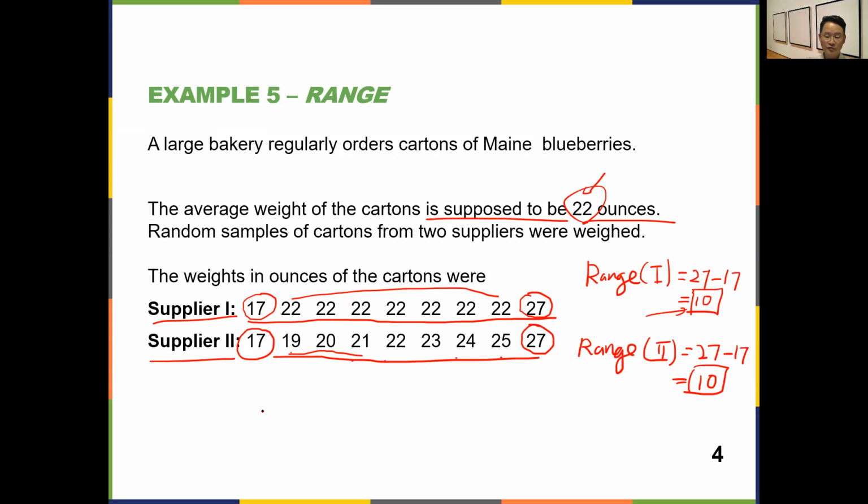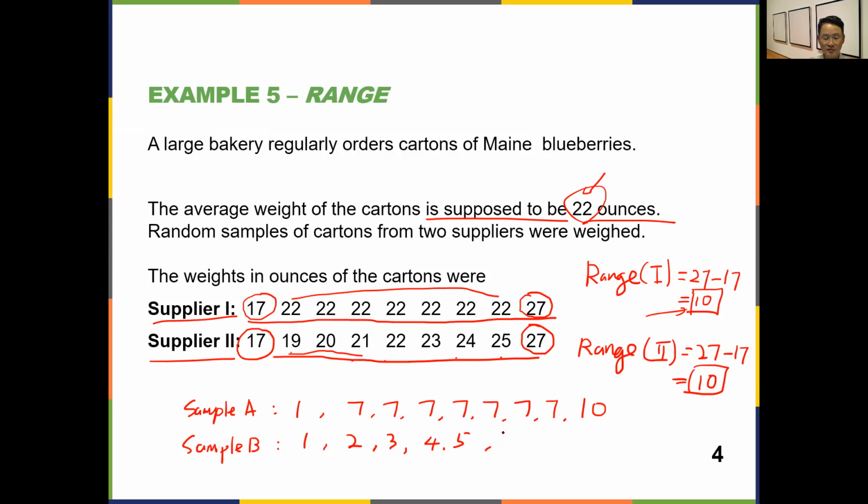I mean, I can give you another extreme example. Let's say sample A looks like 1, 7, 7, 7, 7, 7, 7, 7, and 10. And sample B, let's say it's like 1, 2, 3, 4, 5, 6, 7, 8, 9, 10, something like that, right?